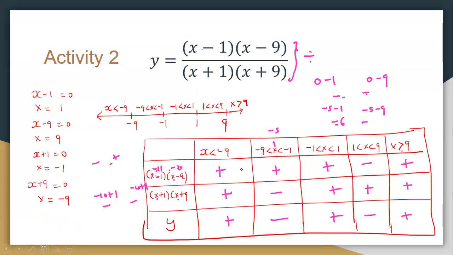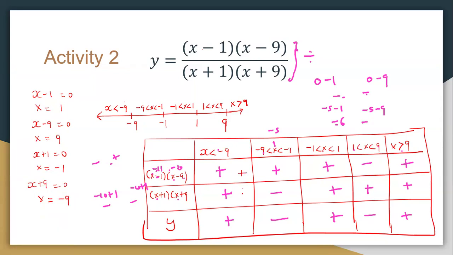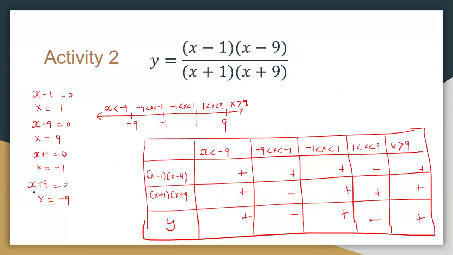Now that one shows you where my graph is going to be above and where it's going to be below. So when we go back and we look at the final sketch after you have come up with these values, you will notice that your sketch will look like this. It will follow this positive, negative, and then positive.